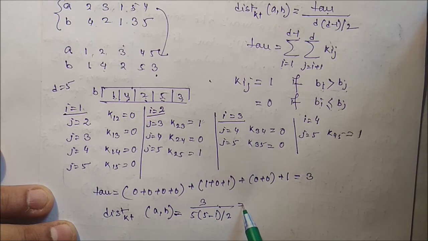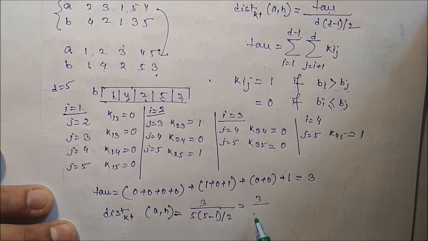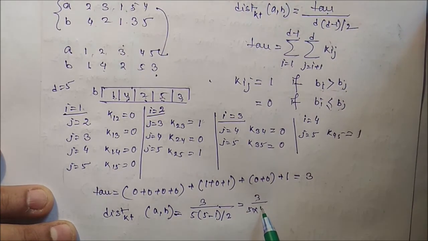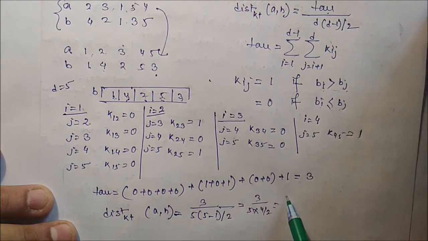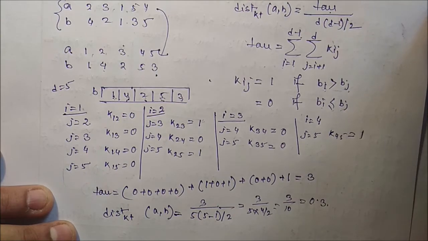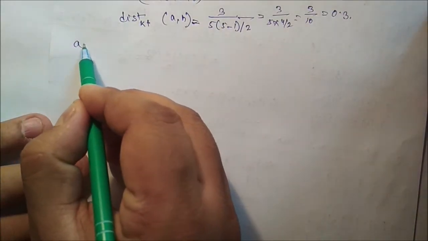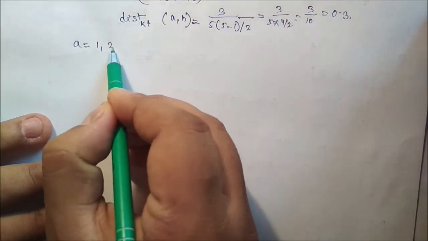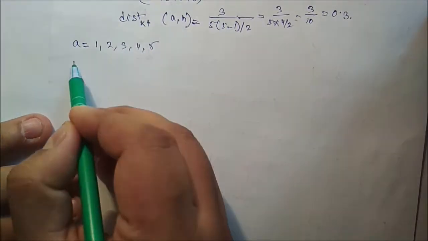Okay. So 3 by, it is 5 into 4 by 2. That means 3 by 10. It is 0.3. I am giving you another example. You just pause the video and solve it yourself.